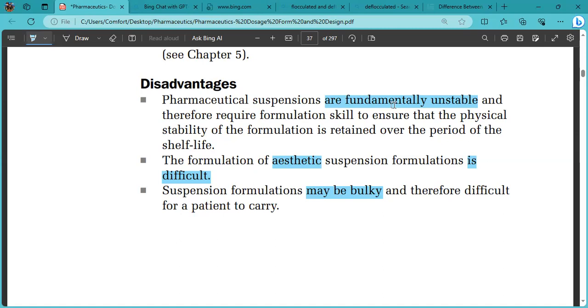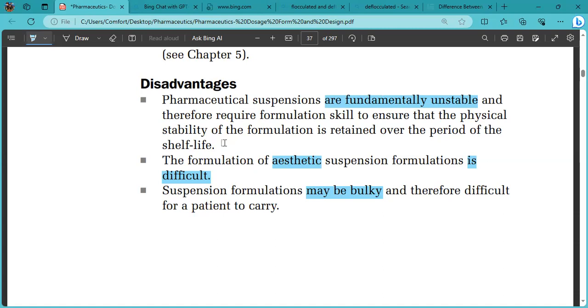Because of this instability, they require a lot of skill and information to find the right way to formulate your suspension, and for this stability to be retained for the entire shelf life of the drug. And it's difficult to make aesthetic suspensions.